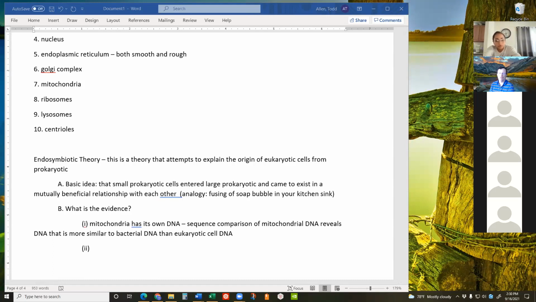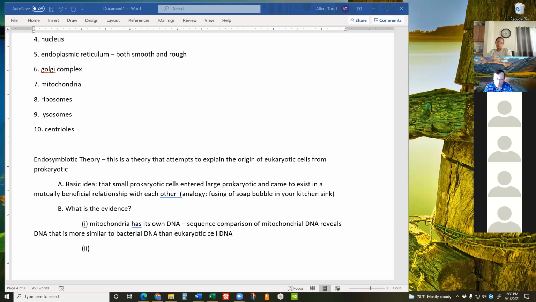Okay, good stuff. Thanks for those that are typing things in there. I really do appreciate that. Right, the endoplasmic reticulum, the rough ER. There are some free-floating ribosomes in the cytoplasm as well.